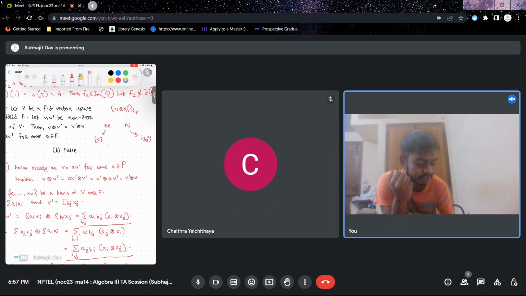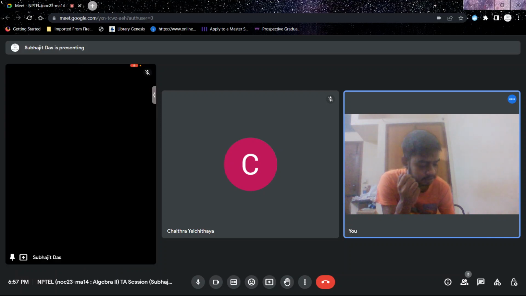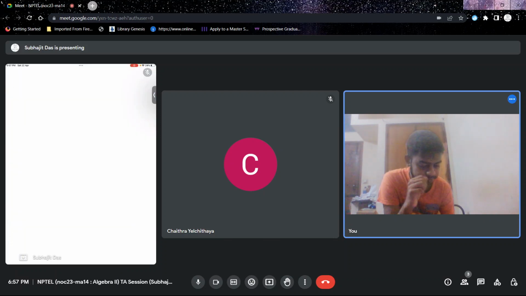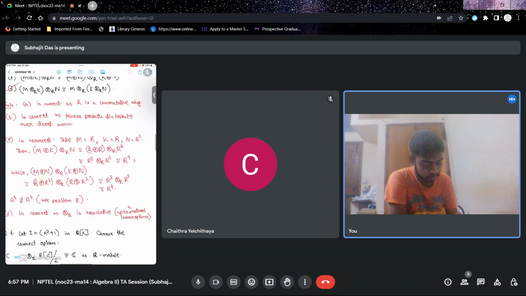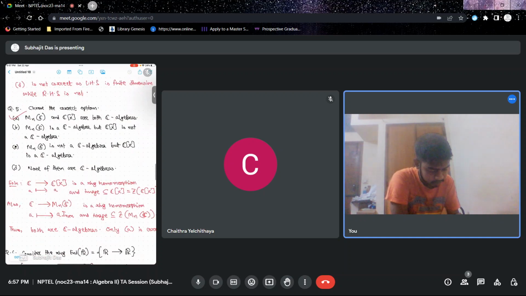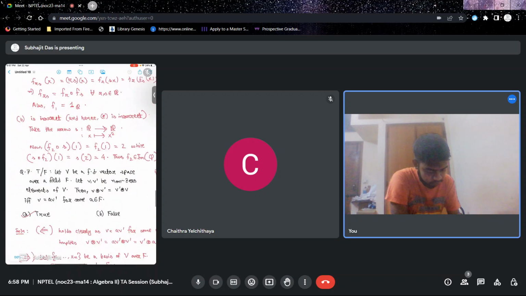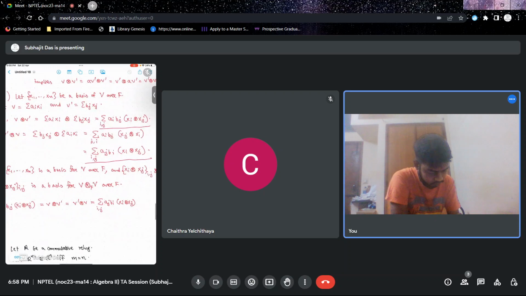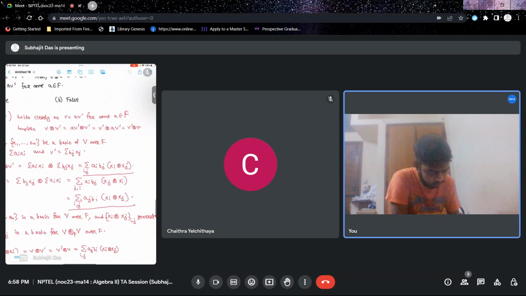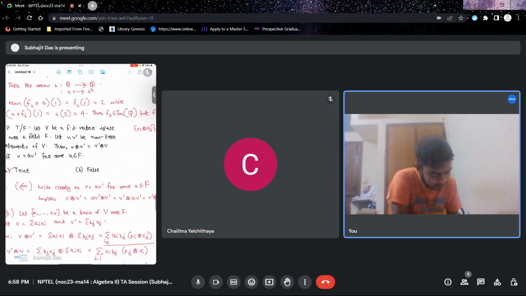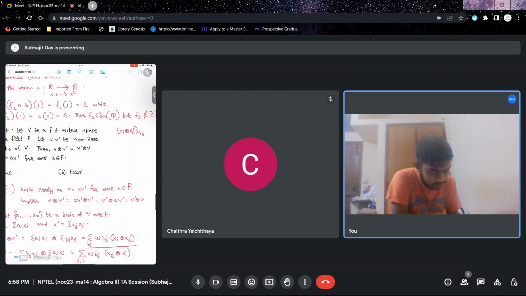Now come back to our vector space situation. You know that the xi's generate V, and therefore this should be a generating set for V tensored over F with V. Here it is.